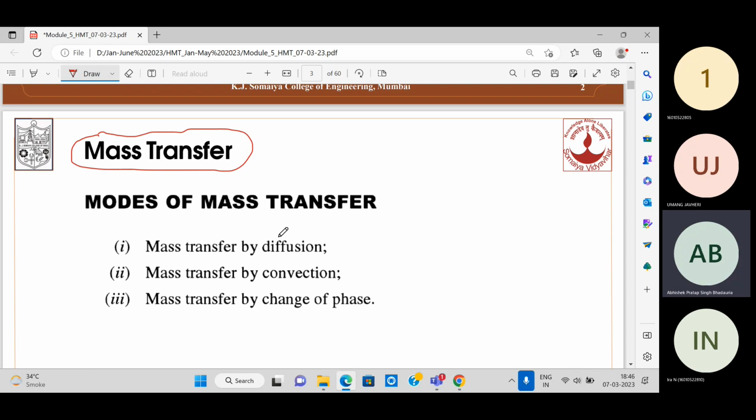This mass transfer is known as diffusion, for which the driving potential is the concentration difference. Here we'll write: the driving potential is the concentration difference.